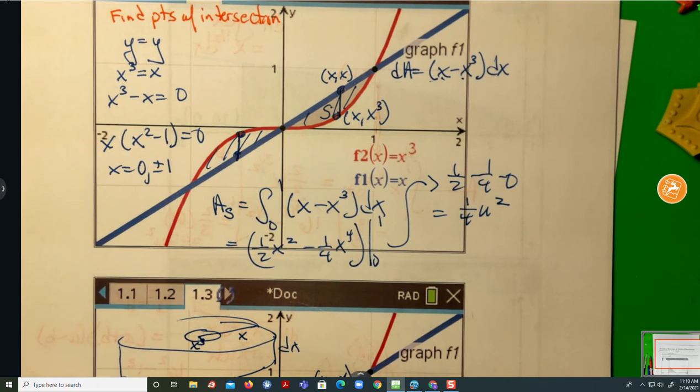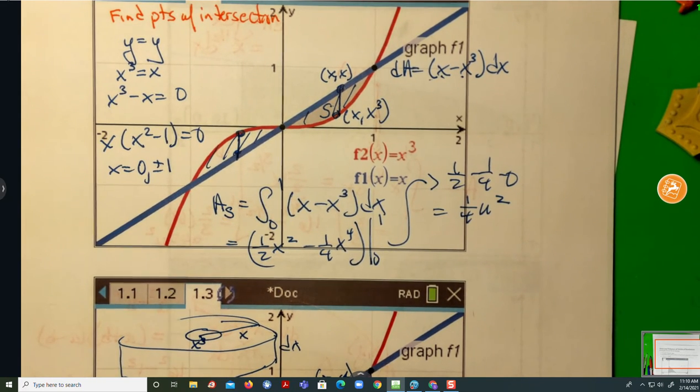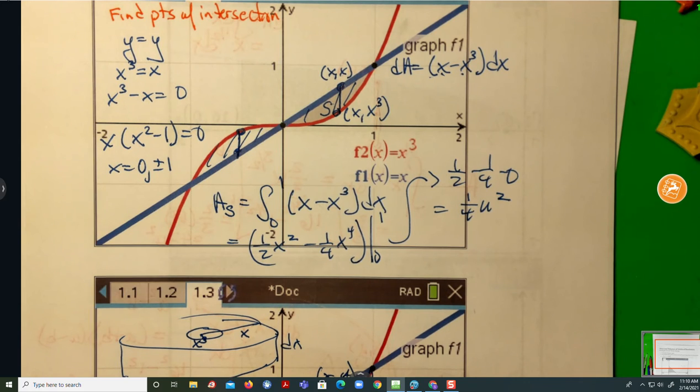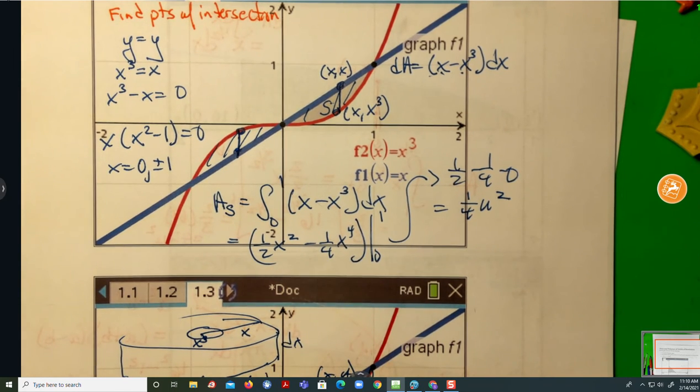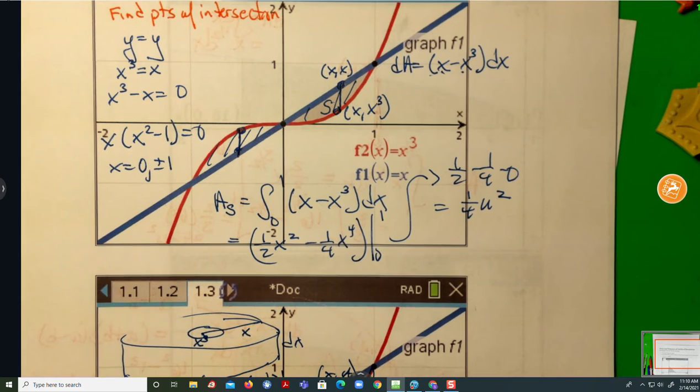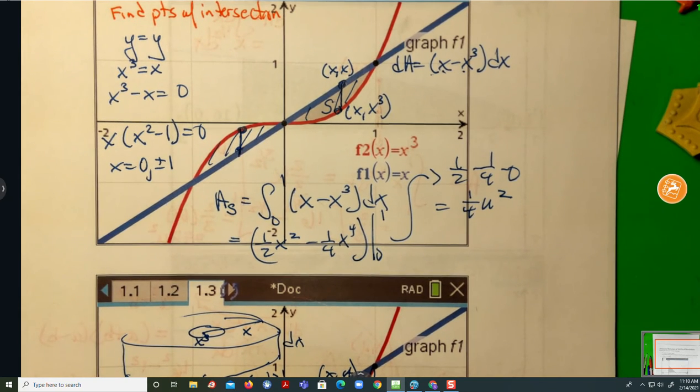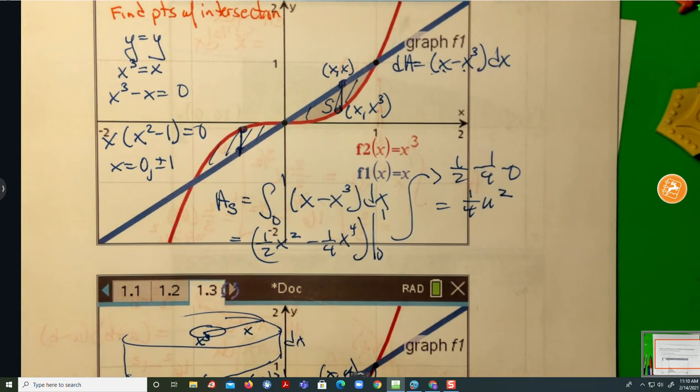So the area of the cross section is the area of the big circle, big radius squared, minus, now I'm going to factor the pi out, small radius squared. So this is x squared minus x to the 6th.